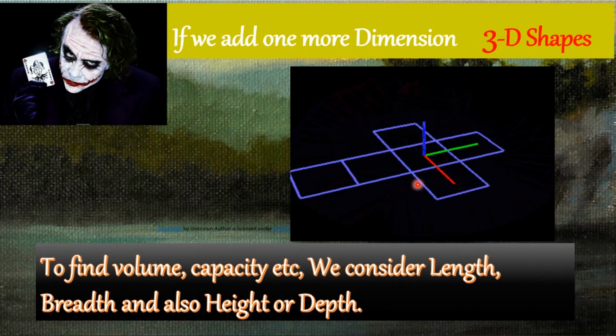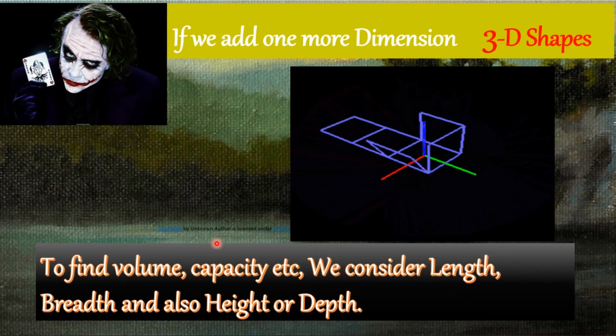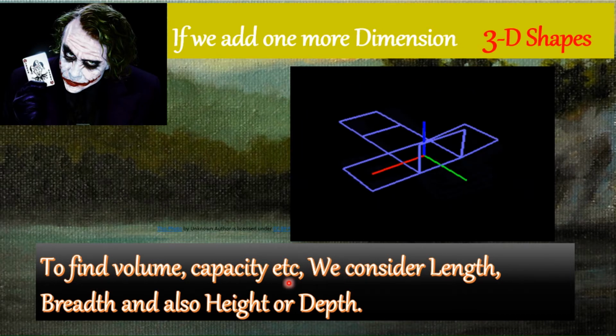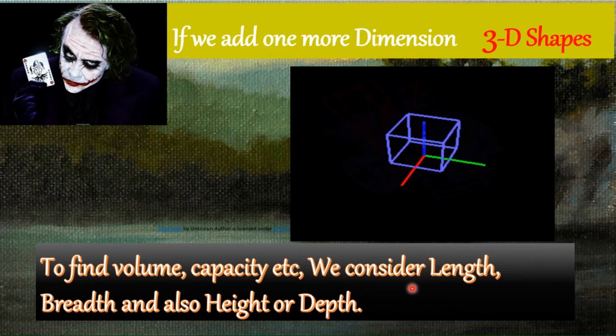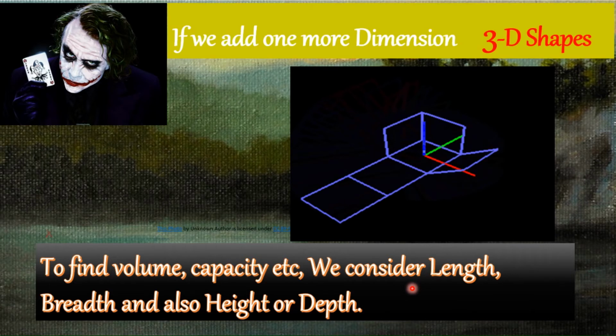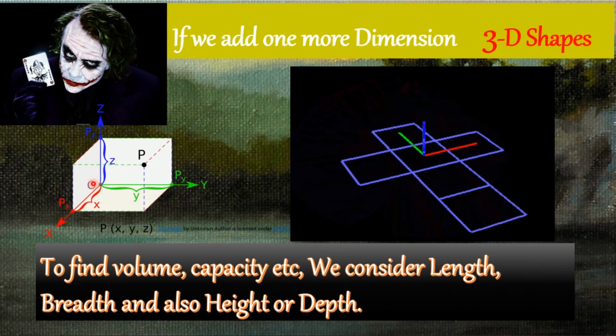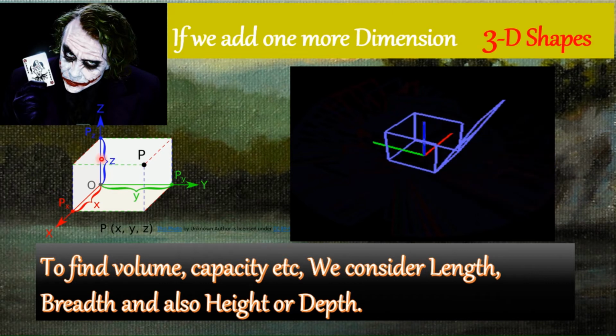But when it is converted into a cube, we are taking length, breadth and height. So to find the volume, capacity, etc., we consider length, breadth and also height. You can call it depth also. Where do the three dimensions lie? They are all at 90 degrees to each other.